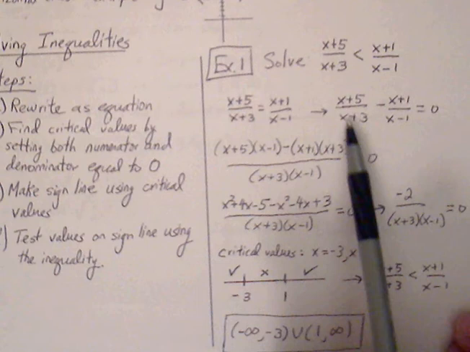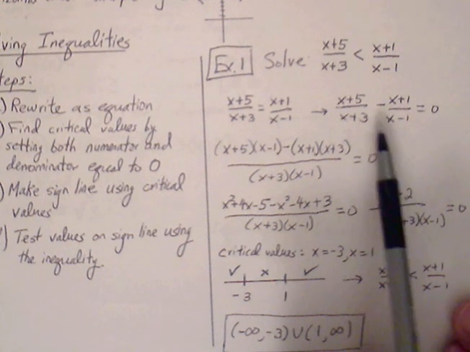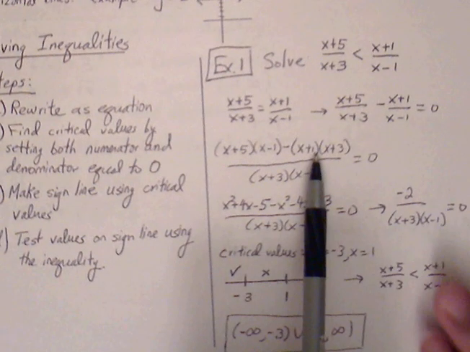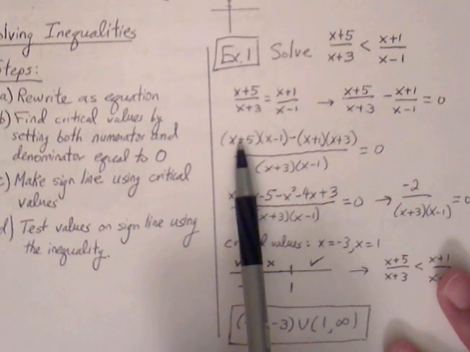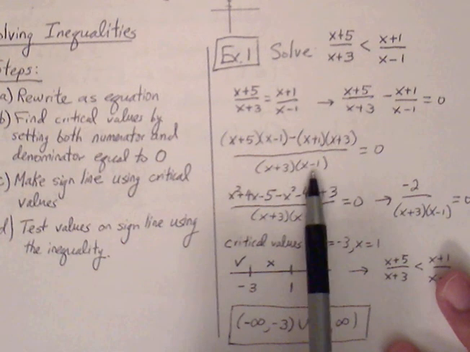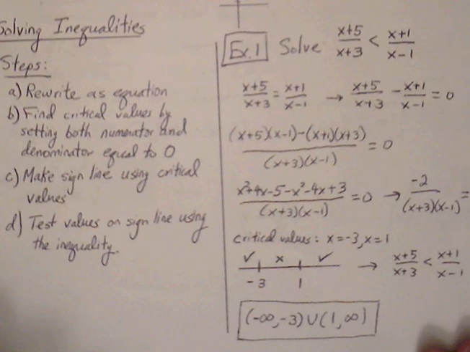Let's go ahead and get this to be one fraction by finding a common denominator being x plus 3 and x minus 1. So we're going to balance the two numerators. So x plus 5 times x minus 1 minus x plus 1 times x plus 3 all over our common denominator, x plus 3 times x minus 1.